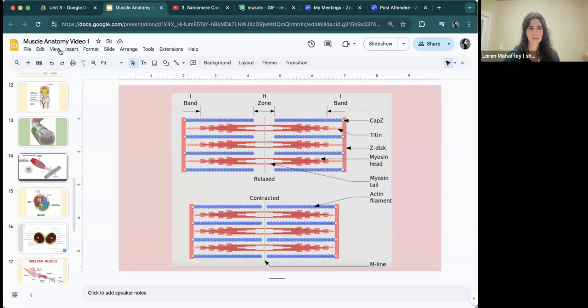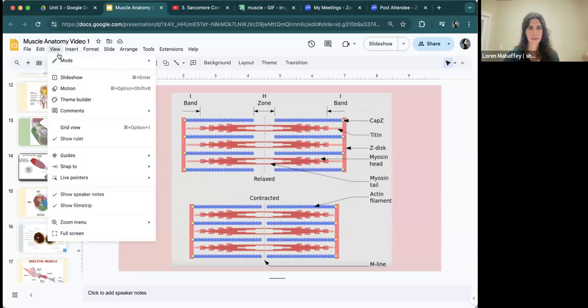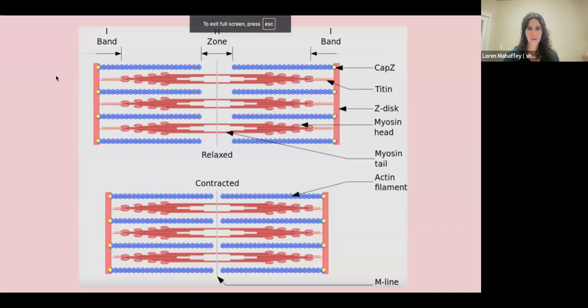Okay, so that's just a small example of sarcomere contraction. And so what we want to understand is that it is oxygen and food energy in the form of glucose or fat, if we're in a state of ketosis, that cause the mitochondria within the muscle to produce ATP.